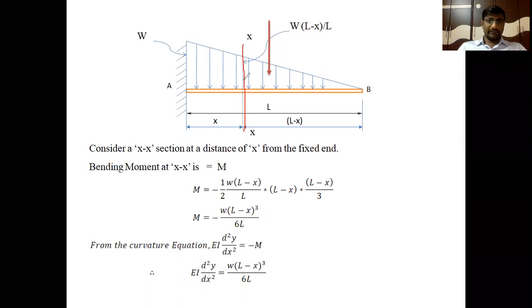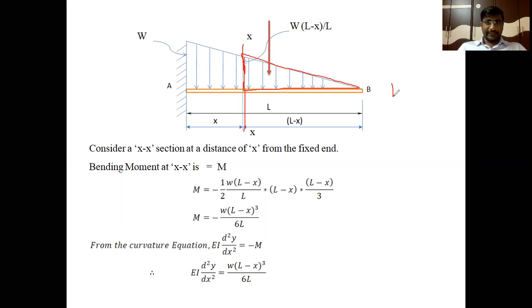So how to find the bending moment at this point? To find the bending moment, we should know the load acting on the right side of the section. What is the load acting on the right side of the section? For this triangular load, the total load acting on the right side of the section is the area of this triangle on the right side.